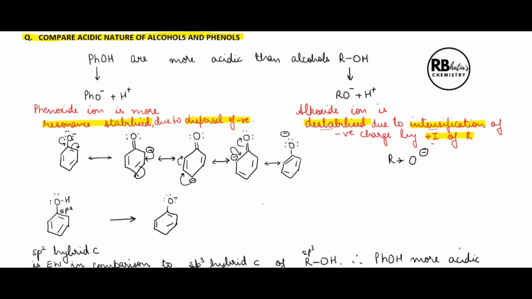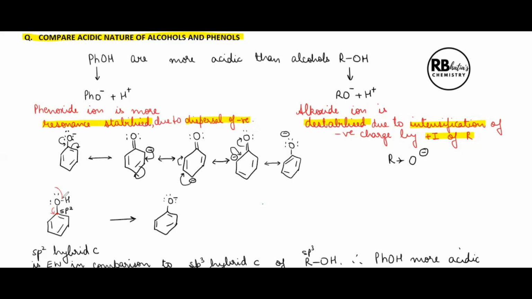Now, further you're going to write: in phenol, the carbon to which OH is attached is sp2 hybrid, which means more electronegative, which means electron withdrawing, which means it makes this bond more polar and release of H plus becomes easy. I repeat this point, children: since this is more electronegative, this will pull the electron cloud from here more towards itself.